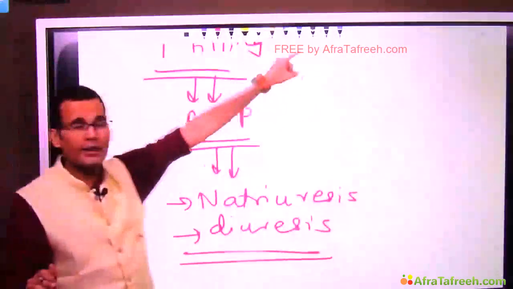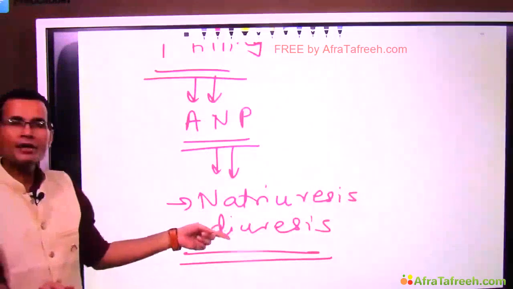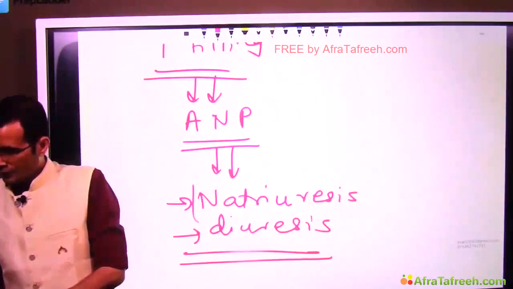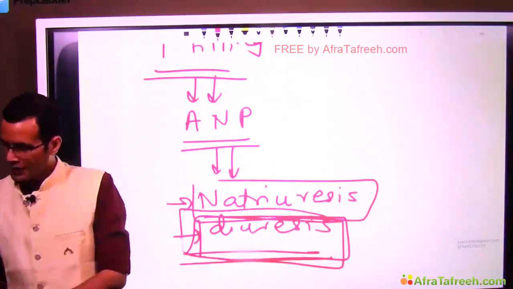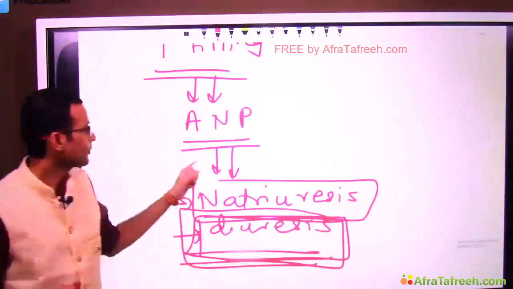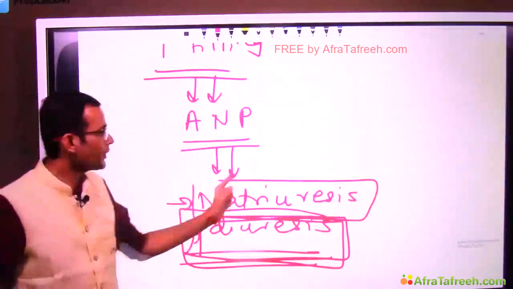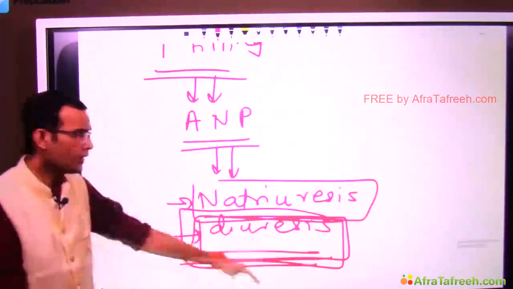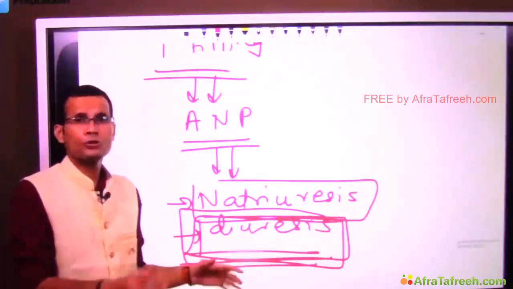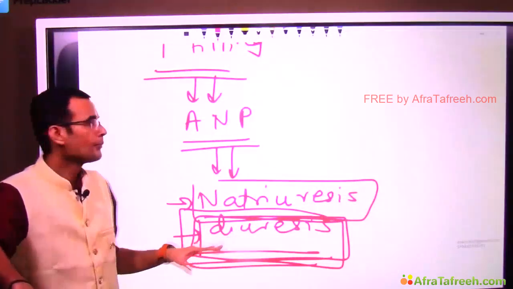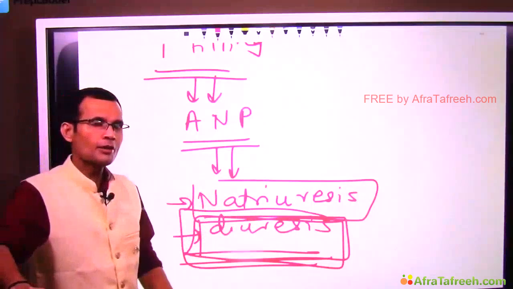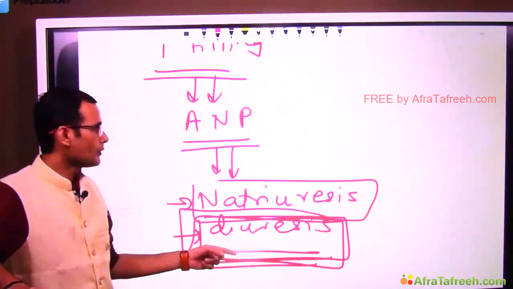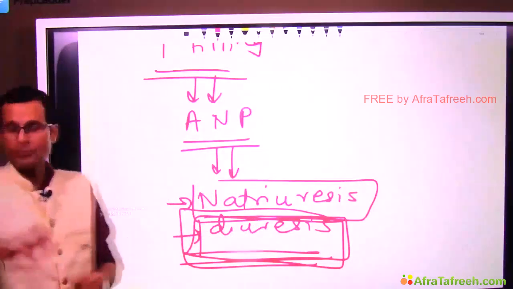But then that was a starting condition. What will be the end result? Water has been lost. Yes, there is diuresis. Because of the ANP, there is natriuresis, loss of sodium into the urine, and there is diuresis, loss of water. So now water has been lost, so ECF volume will return to normal. But there is also loss of sodium.